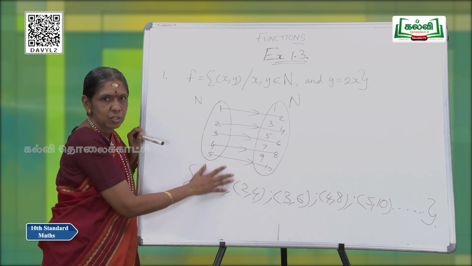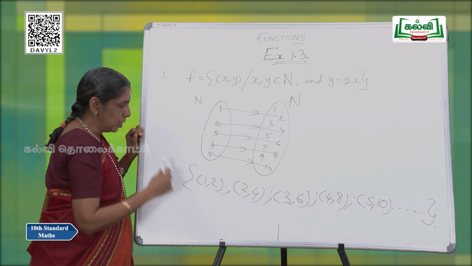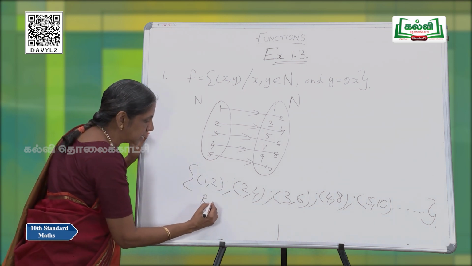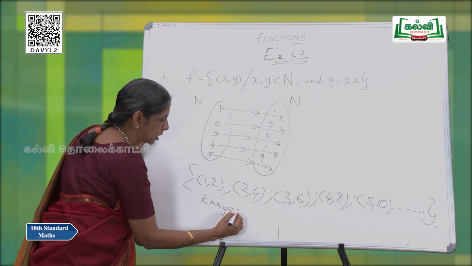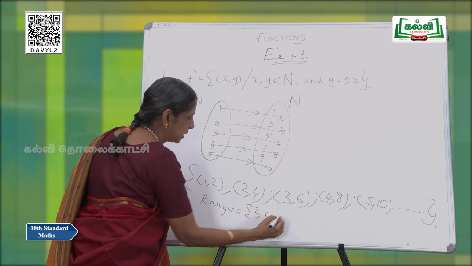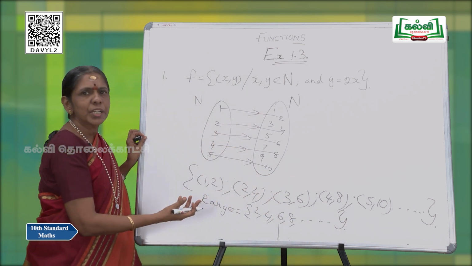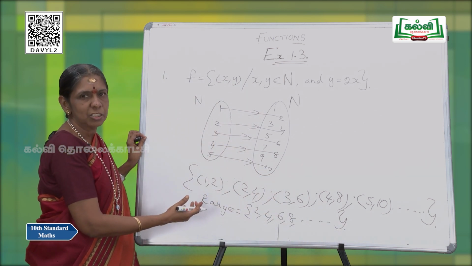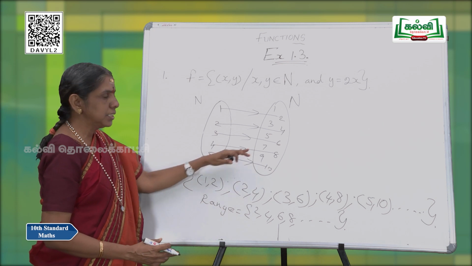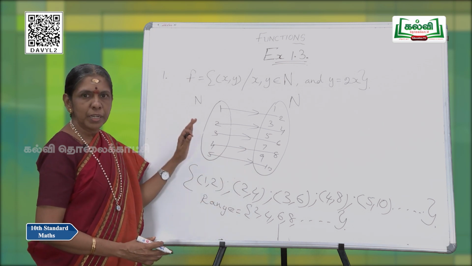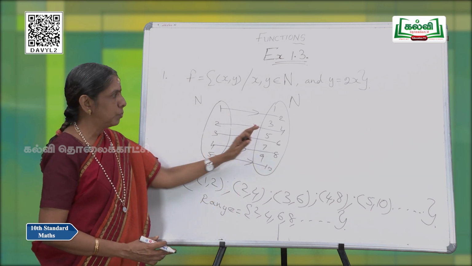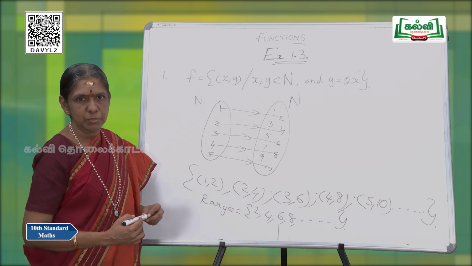The set of images is called the range. So, the range is 2, 4, 6, 8, etc. What are they called? They are nothing but the set of even numbers. So, the range is the set of even numbers. Domain is the set of natural numbers, codomain is the set of natural numbers.